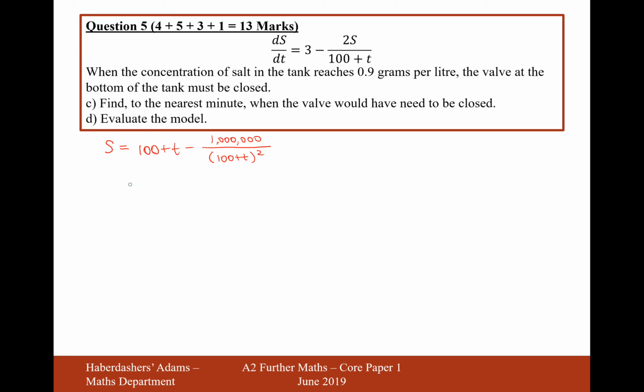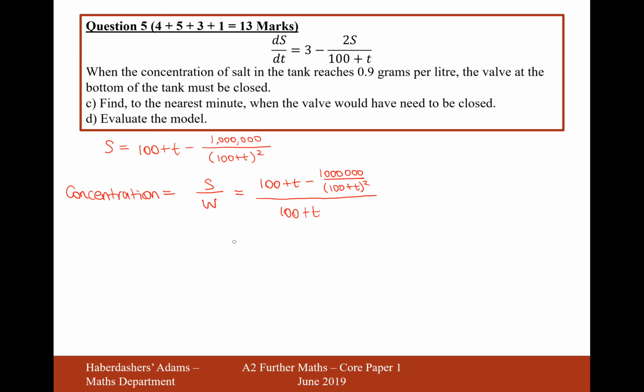So if this is the amount of salt, then the concentration is going to be ((100 + t)^3 minus 1 million) over (100 + t)^2, over the amount of water in the tank. Now remember, the amount of water in the tank was 100 plus t.